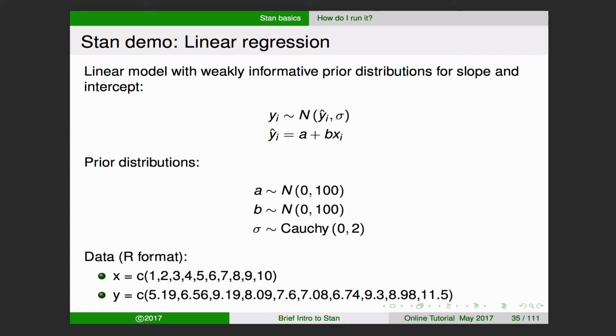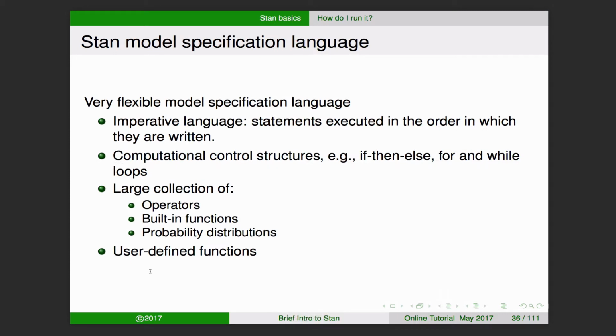The data here I'm putting essentially in R format. So for x, I've got a set of 10 values as a vector, and similarly y, a set of 10 values that match up with those x values. So you can think of them as pairs. So that's what we're going to implement.